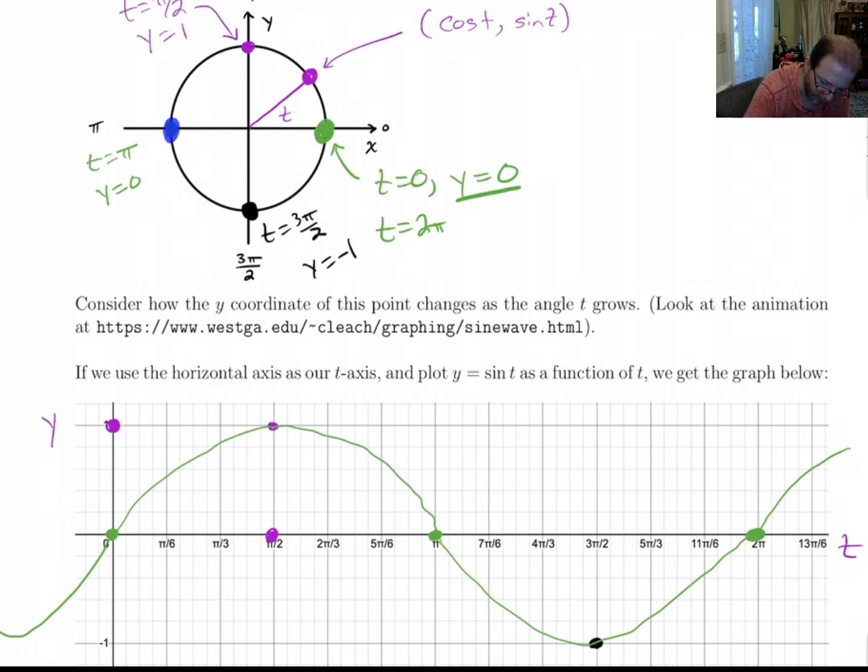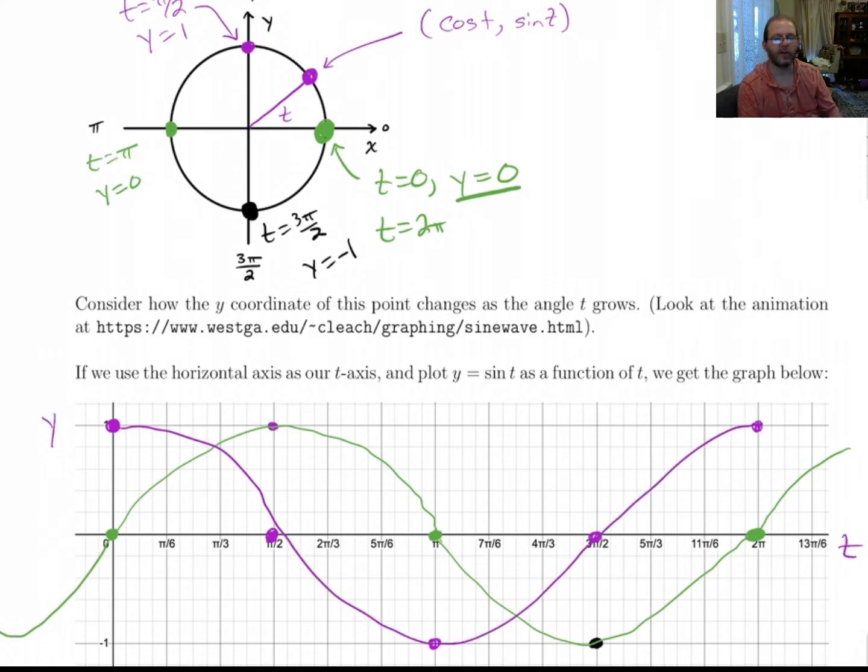Over here, the x coordinate's negative 1 at pi, and then 0 at 3 pi over 2. And when we get back over here, the x coordinate's 1 again. So the cosine curve is the exact same shape, but it starts up at 1 instead of down at 0. So sine and cosine both come straight off the unit circle.